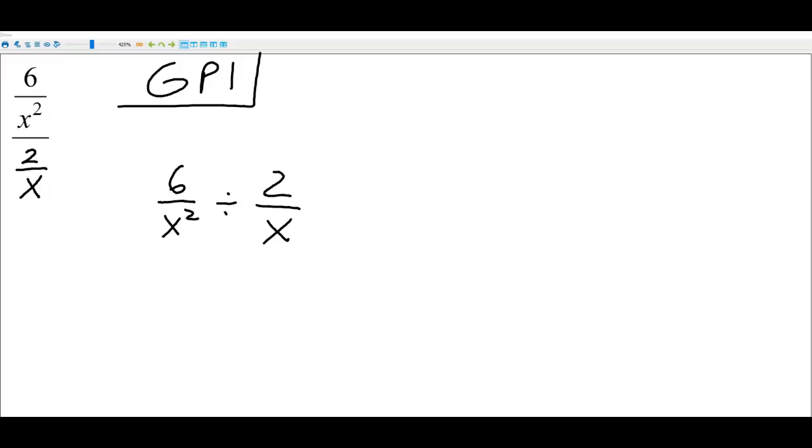Miles, what's the next step? Keep, change, flip. So keep the first one, change that to multiplication, and flip this one over.